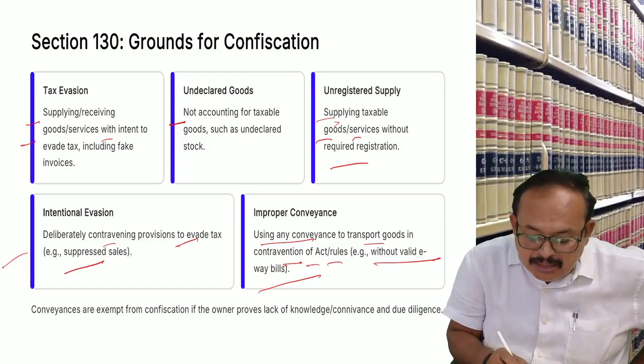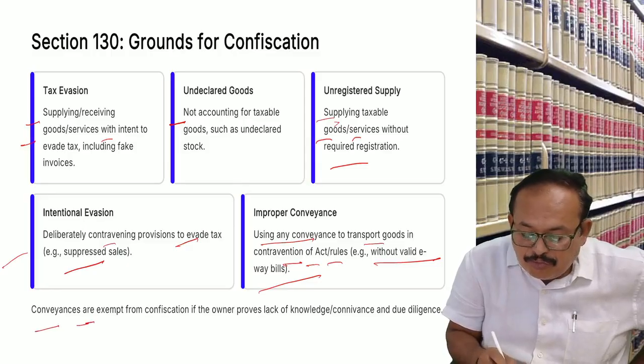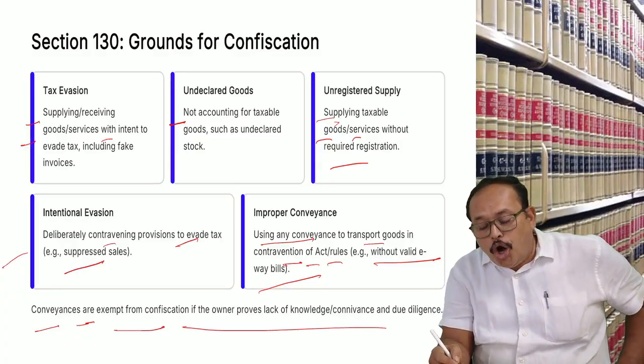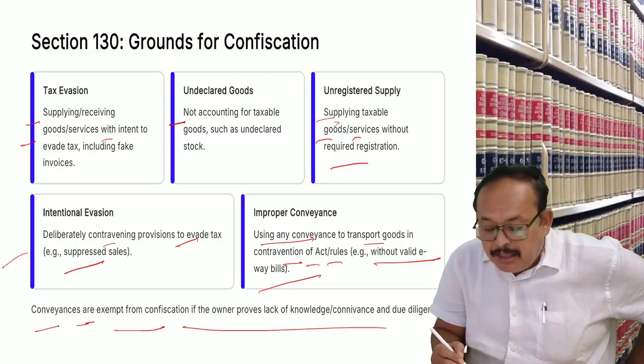In that case, conveyances are exempt from confiscation if the owner proves lack of knowledge or connivance and due diligence.